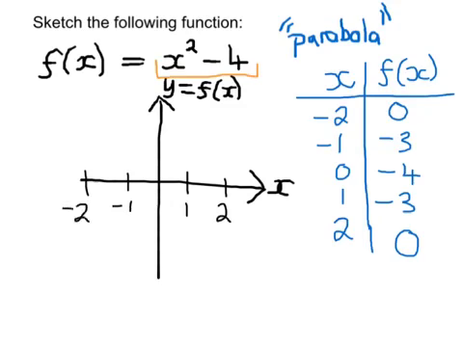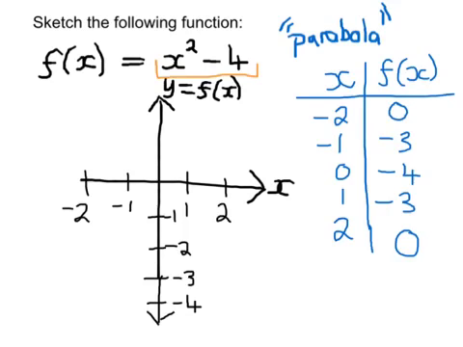And then we just need to look at the f of x values to determine how far we need to go. And you can see I need to go a little bit further down, below the x-axis, because it goes all the way to -4. So 1, 2, 3, 4, and then just write those values there.